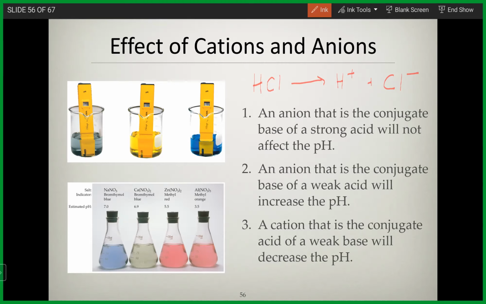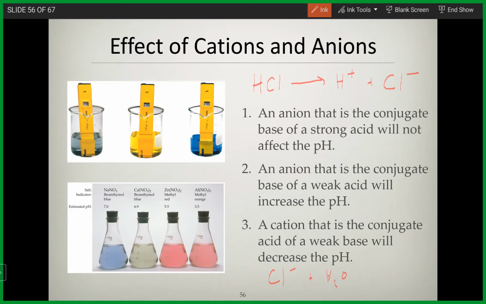If we take those chloride ions and put them with water, it's not going to form that HCl. Because if it took that hydrogen from water, it would form HCl and then it would form OH minus. But because the chloride ion is going to stay dissociated, we're not going to see it actually affecting the pH at all if we just have chloride by itself.